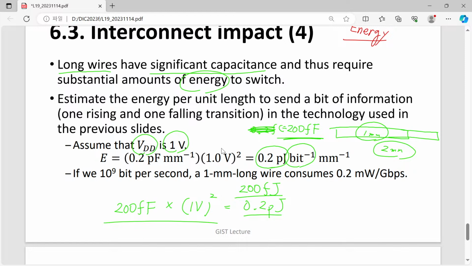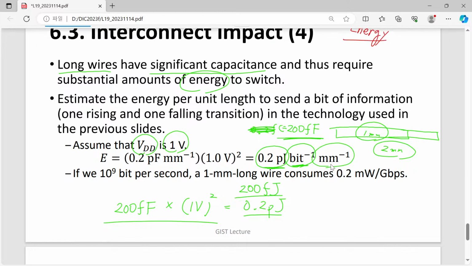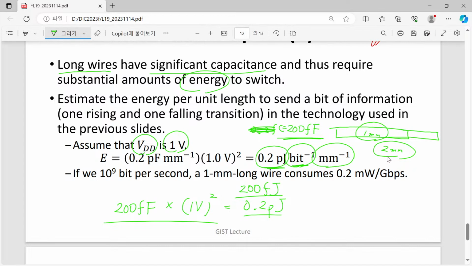So in order to send 1 unit signal, we must spend 0.2 picojoule. But if we have a 2 millimeter long signal, obviously our energy consumption becomes 0.4 picojoule instead of 0.2 picojoule. That is quite easy.